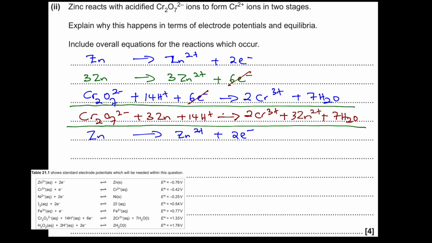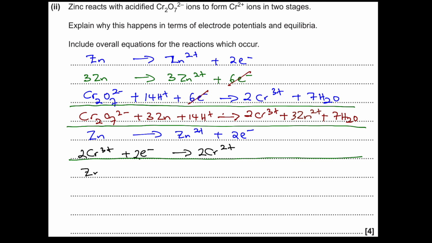Now we can write the chromium, which will stay Cr3+, gaining 1 electron to become Cr2+. We're releasing 2 by zinc, so we need to multiply this one by 2. Now we can write down the overall equation: zinc plus 2 Cr3+ goes to Zn2+ plus 2 Cr2+. And that's the overall equation.